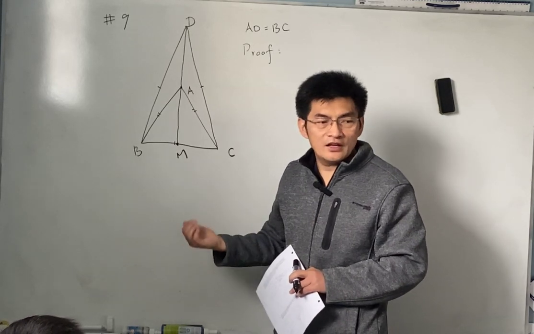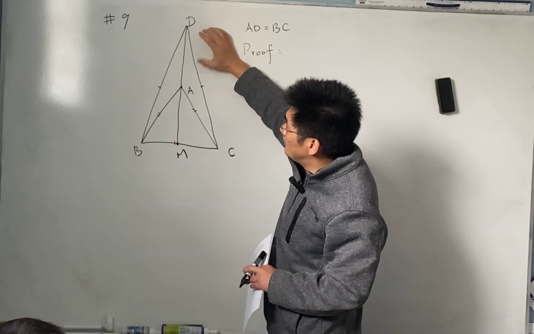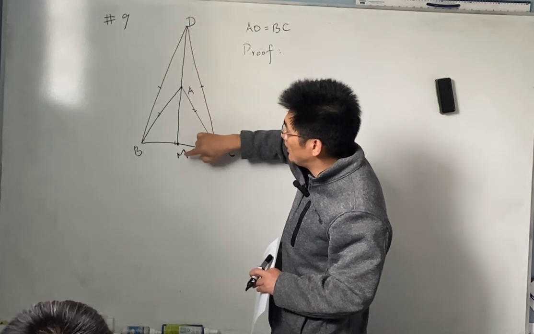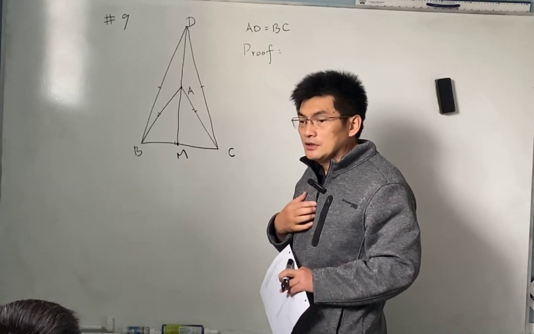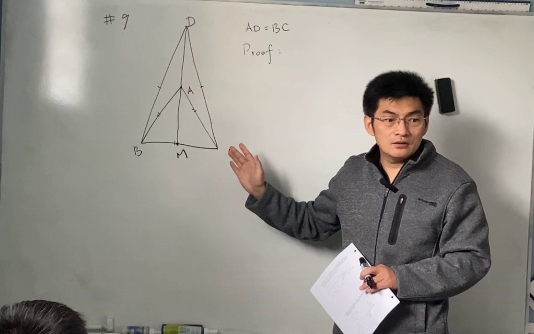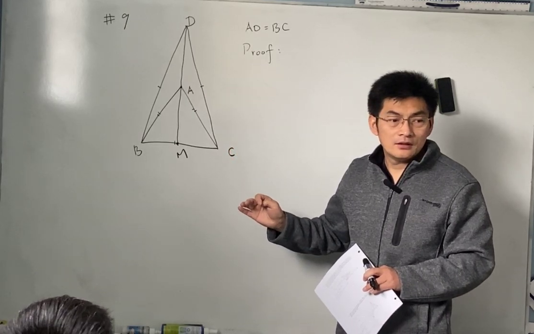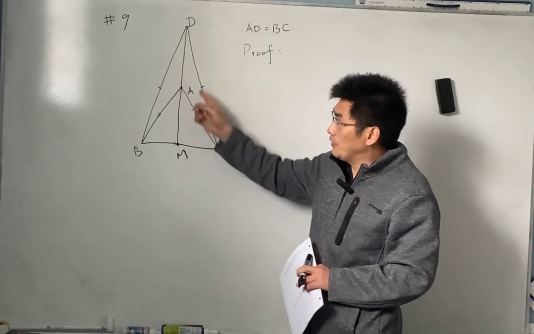We can prove that they're on the same line. Because I connected A and D first, and then I connected A and M, our intuition tells us that they are on the same line, but you still want to prove it. So how do you prove that these 3 points are on the same line?